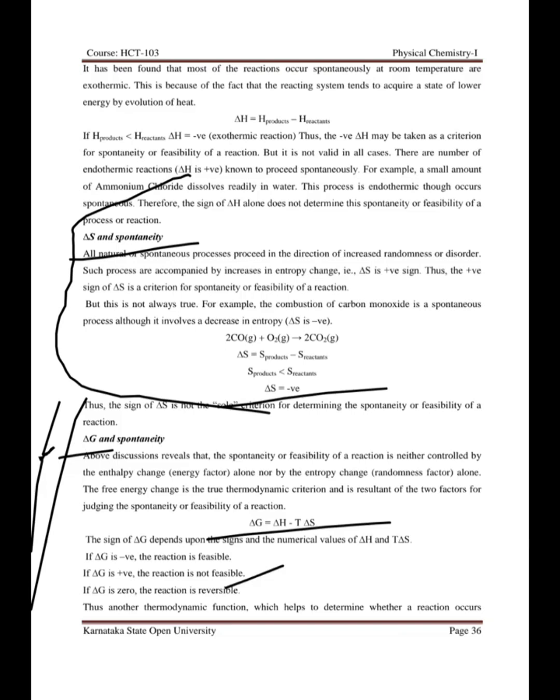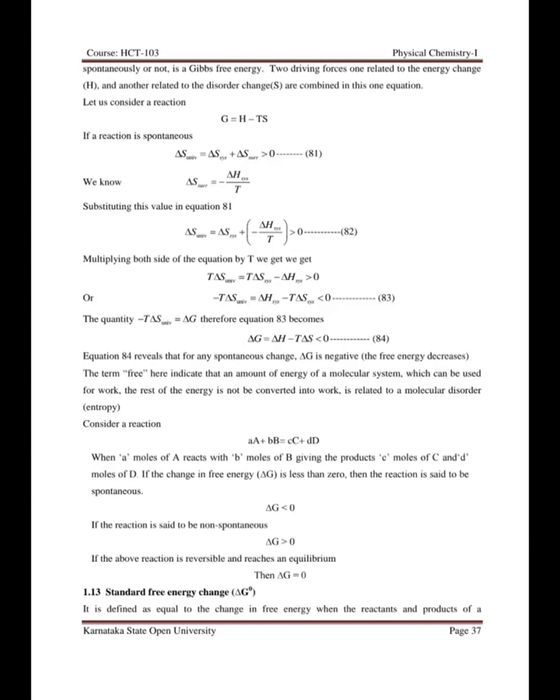And next, if there are two driving forces, the energy changes and the relation can be disorder. So the Gibbs free energy G is equal to H minus TS. For that, the relationship is spontaneous.